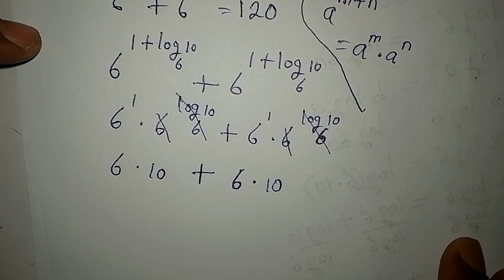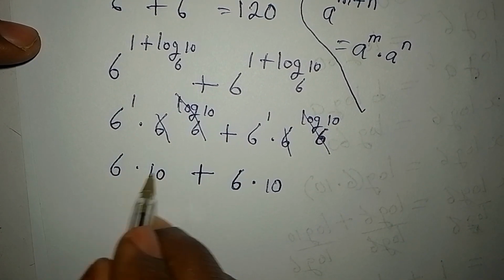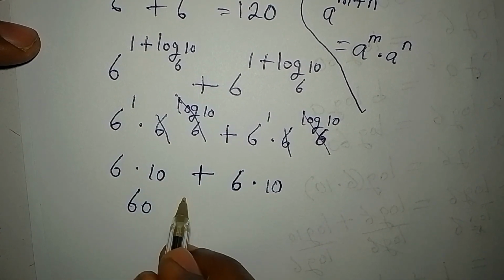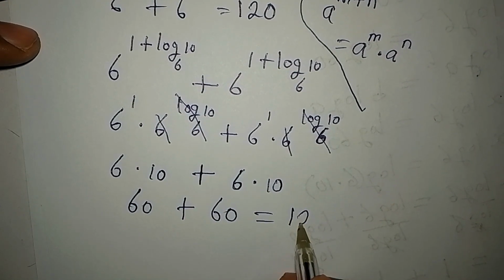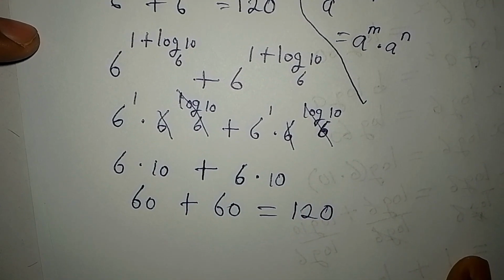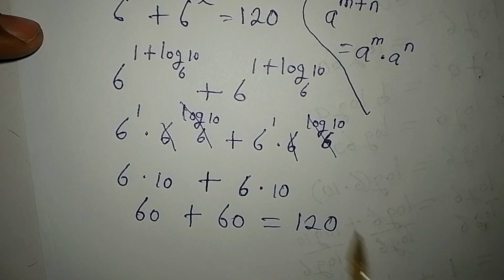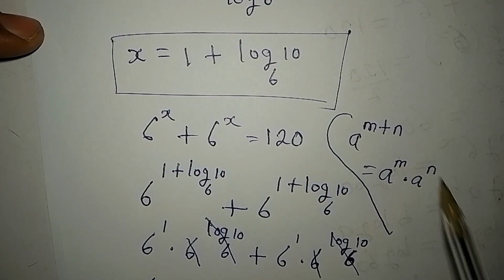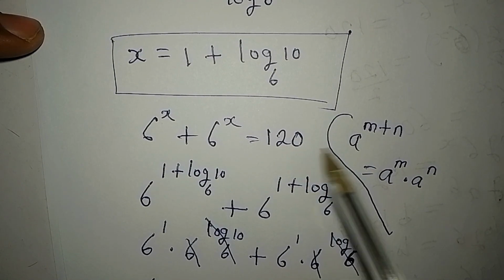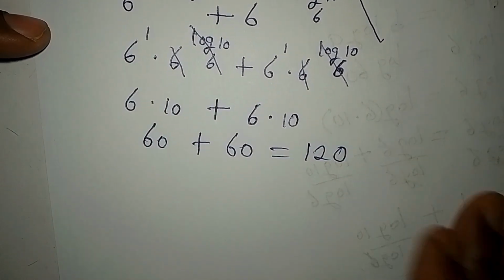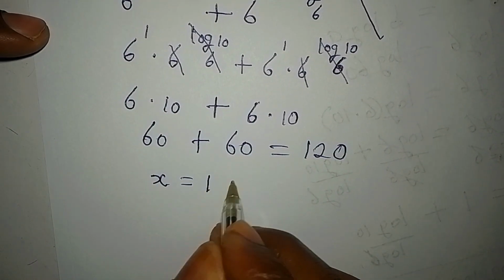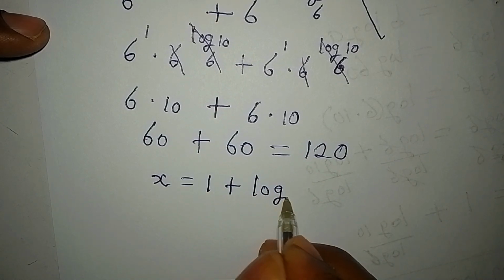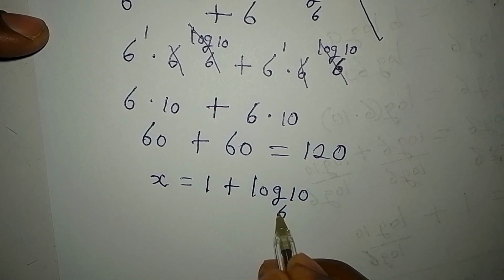And at the end of the day, we'll be having 6 times 10, that is 60, plus 6 times 10 is 60, and we're having 120. And remember that we had 120 on the right hand side of the equation, right? So we are very correct to say that x is equal to 1 plus log 10 to base 6.